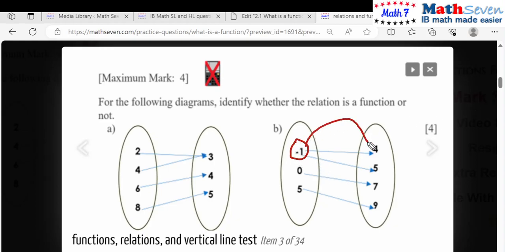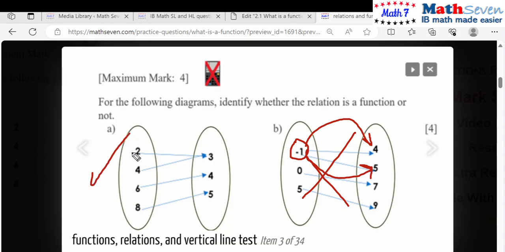One time it is giving me 4, and another time it is giving me 5. So it's giving me 2 different outputs every time. This is a relation that is not a function. Part B is not a function.